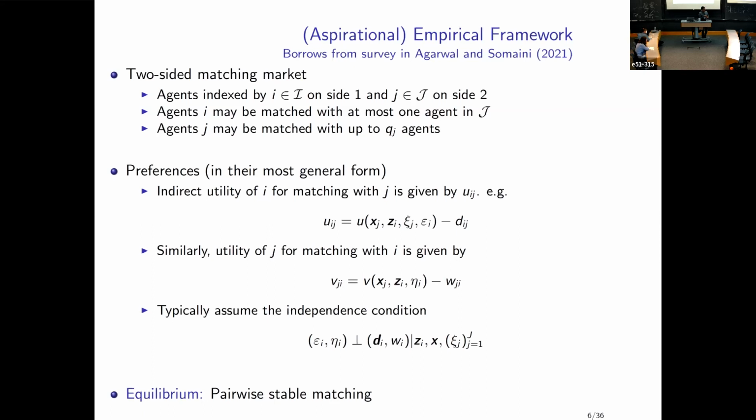Has anyone ever tried to do that? The paper that Paulo mentioned of mine is one of few; there aren't that many papers that compare decentralized and centralized markets. Part of the reason is that getting a handle on a decentralized market can be quite hard, especially if you want to model the frictions well. Chao's paper is one of the exceptions where they've been able to do that, because you have to get a sense of exactly what the process is. You have to model those frictions, take the data from a decentralized system, estimate preferences, and then compare to a counterfactual.